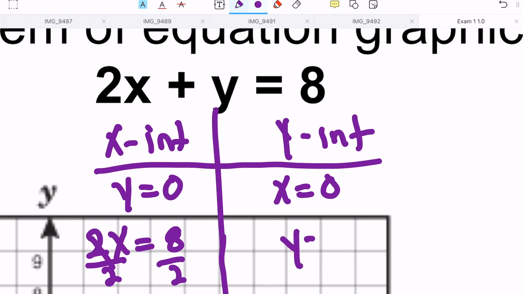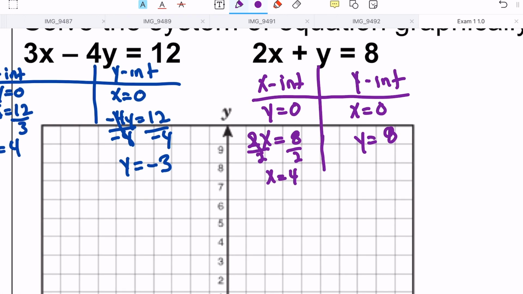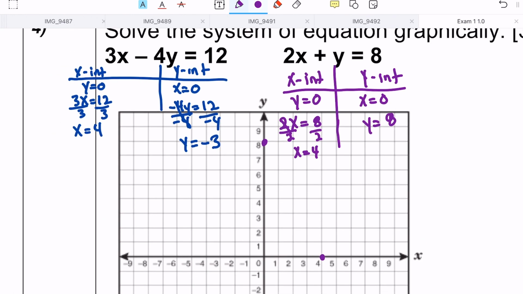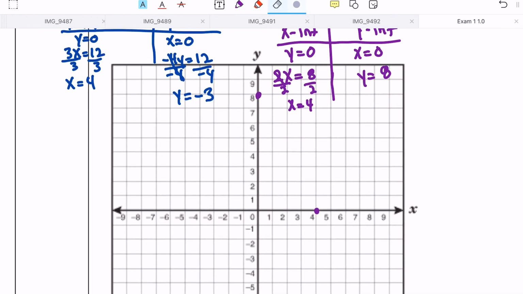That's the y-intercept of the other one. So it's going to be at 8. And then we can do the other ones. Okay, so in this case, we're not plotting as many points. We graph both lines.